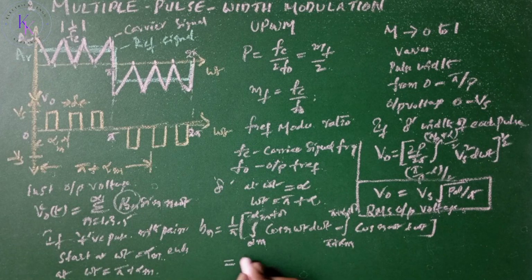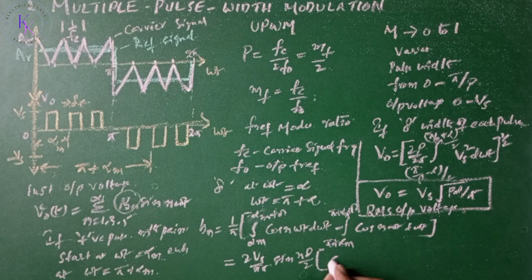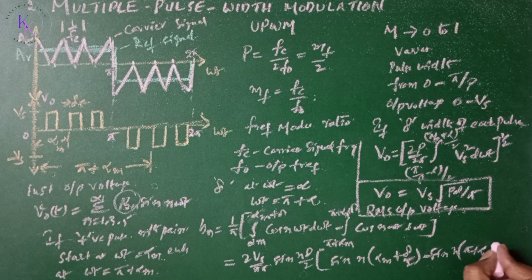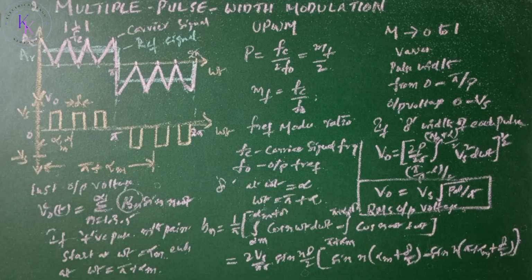This value equals 2 Vs by n pi sine n delta by 2 times sine n of (alpha m plus delta by 2) minus sine of n of (pi plus alpha m plus delta by 2). Now, Bn can be found by adding the effects of all the pulses, so sigma m equals 1 to P of the Bn. This is our Bn value.